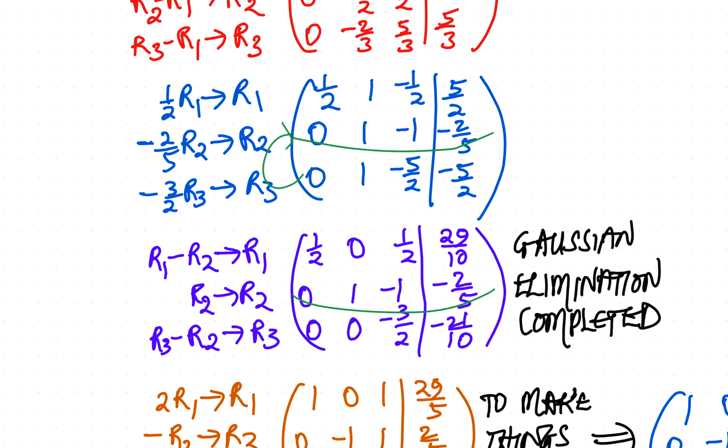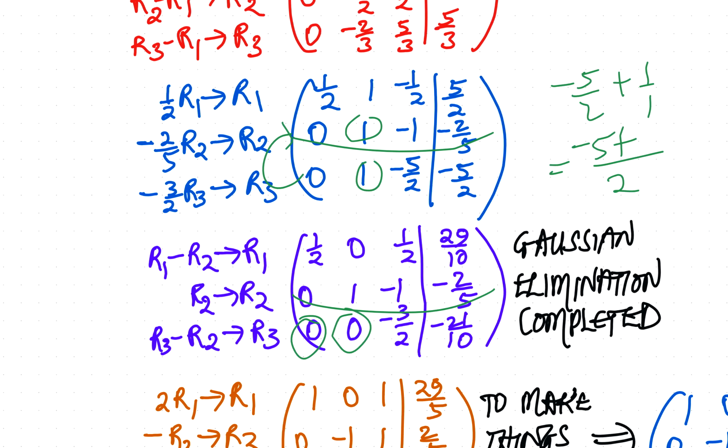So 0 minus 0, you get 0. 1 minus 1, you get 0. Minus 5 over 2 minus minus 1, that's minus 5 over 2 plus 1 over 1. LCM is 2. 2 into 1 times minus 5, that's minus 5 plus 1 into 2, and that is minus 3 over 2. That's why we have minus 3 over 2 here.